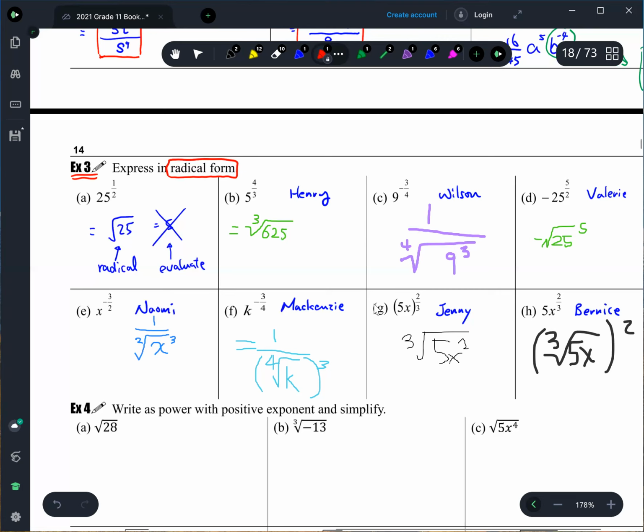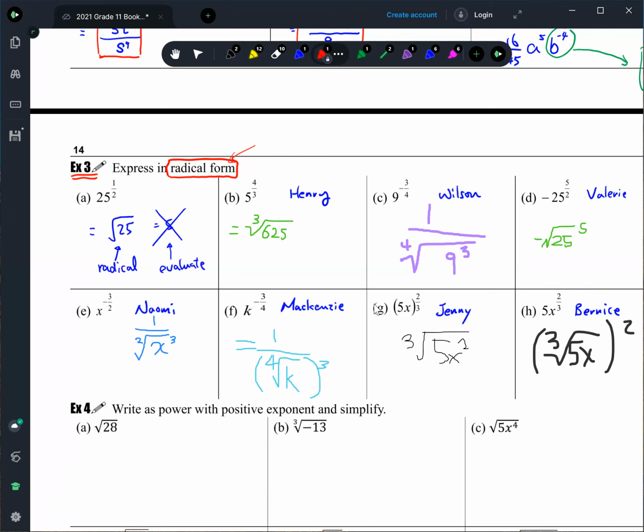Okay, now we got everyone's answer. Let's go over each one, one by one. So I'll use the red, okay? Let's start with B, because it says radical form. Radical form, so do not do any evaluation. It looks like Henry did some evaluation, right? We have a 625.